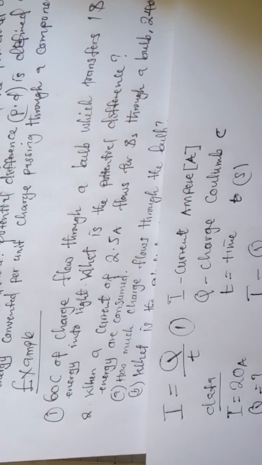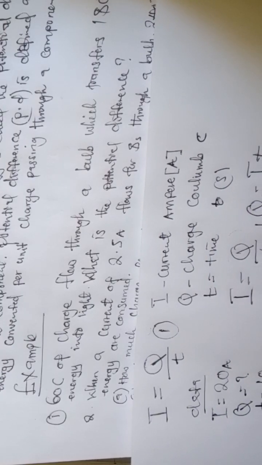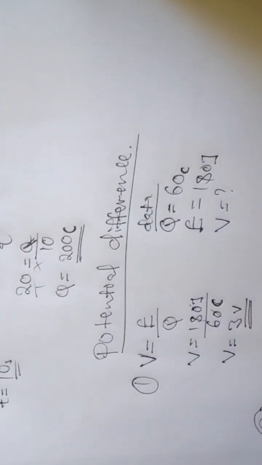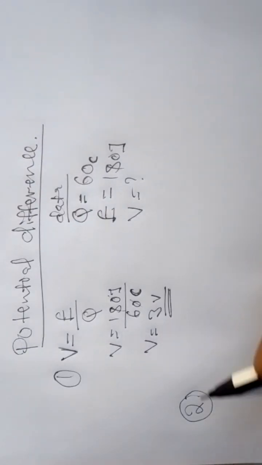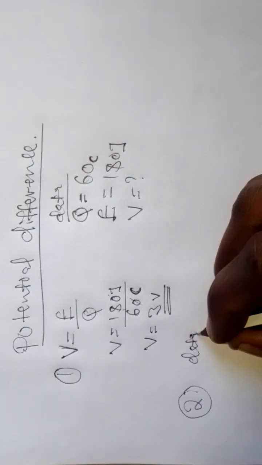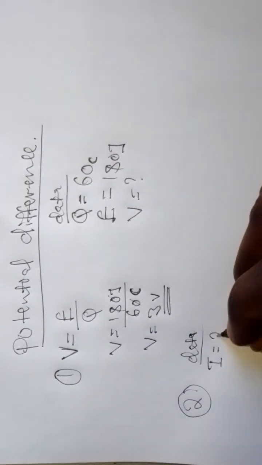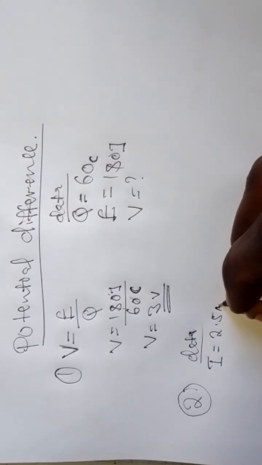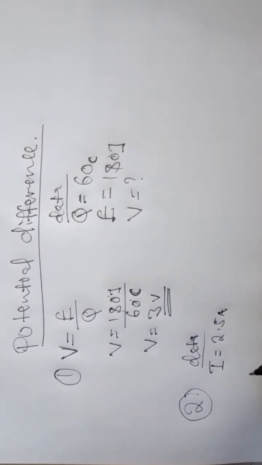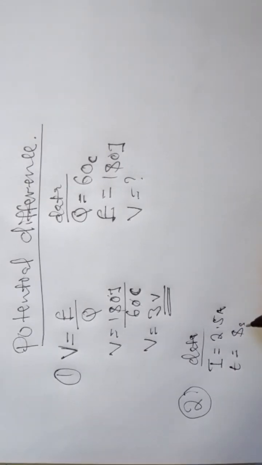So let's collect our data there. We have current, time, and energy. Our data: we have current, that's 2.5 amps. We also have time, which is 8 seconds.